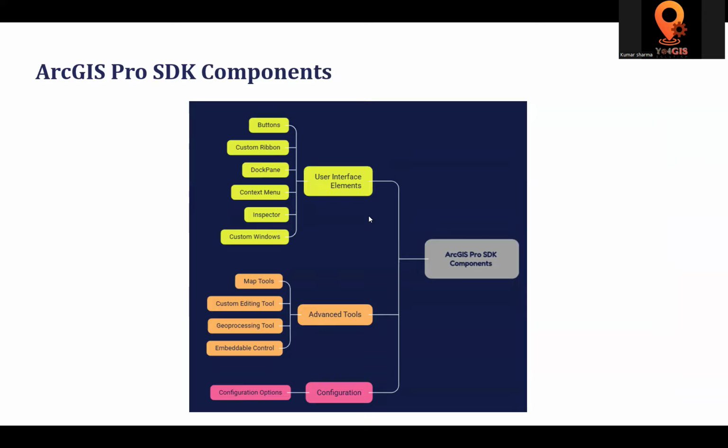When we come to the tool, we can develop the map tool, custom editing tool, geoprocessing tool, and embedding configuration. So there is a very big list of things we can develop using the ArcGIS Pro .NET SDK. What we cannot do using the .NET SDK, or what we can do better using it, that also we will see here.